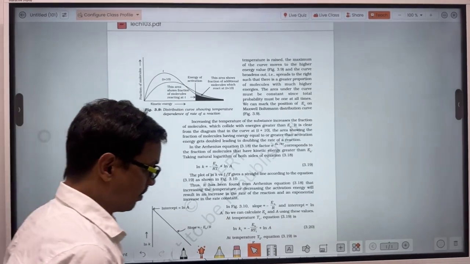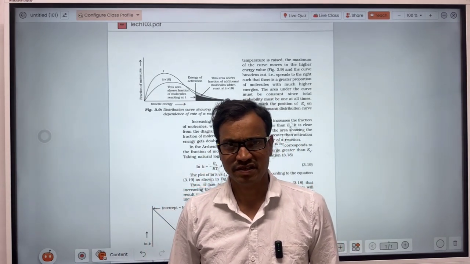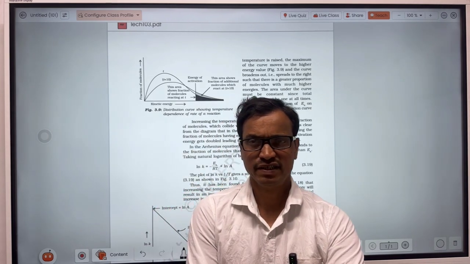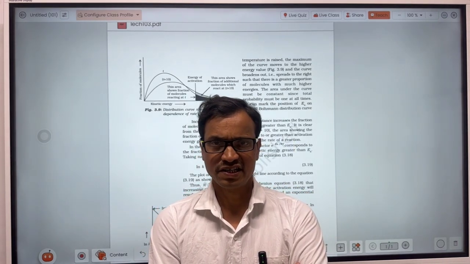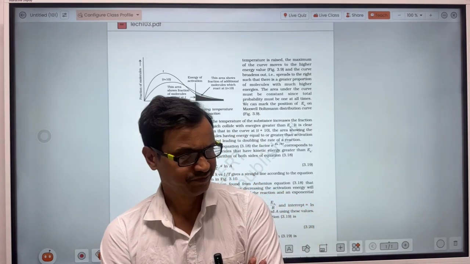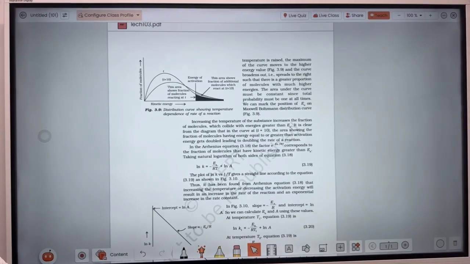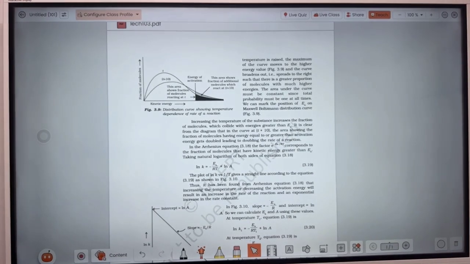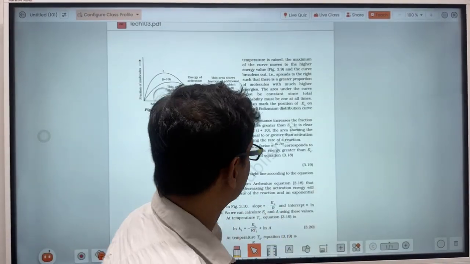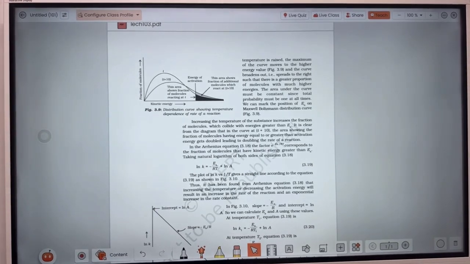That's why, on increasing the temperature, the maximum molecules, that means molecules having kinetic energy greater than activation energy, the energy of a greater number of reactant molecules will become equal to activation energy. That's why on increasing the temperature, the rate of reaction increases.